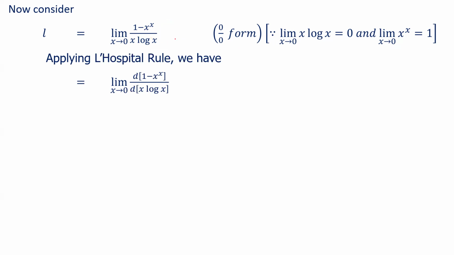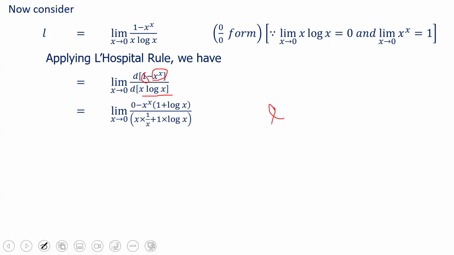So applying L'Hospital rule, we have the derivative of (1 minus x to the power x) divided by the derivative of (x log x). Now the derivative of 1 is 0, and we need the derivative of x to the power x. How to find the derivative of this? So let me write it down. Suppose we take L equal to x to the power x.